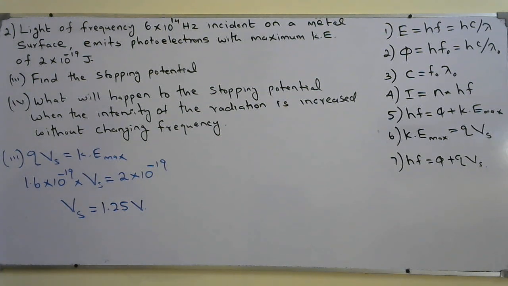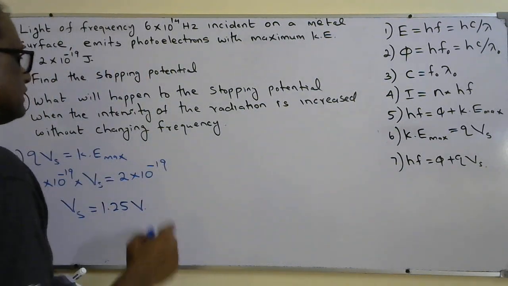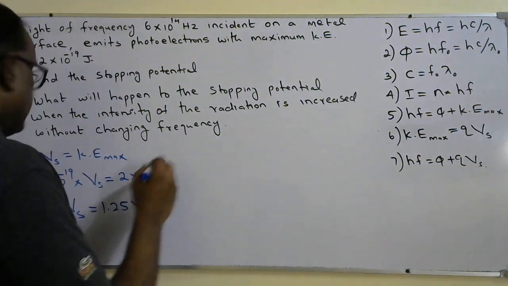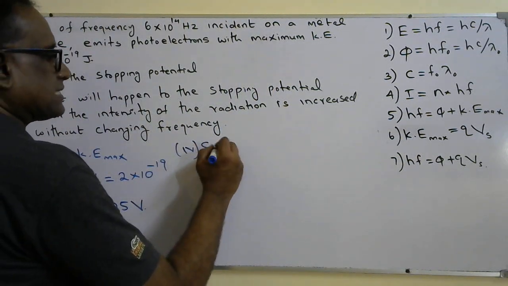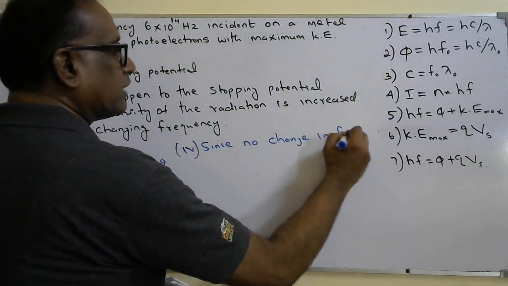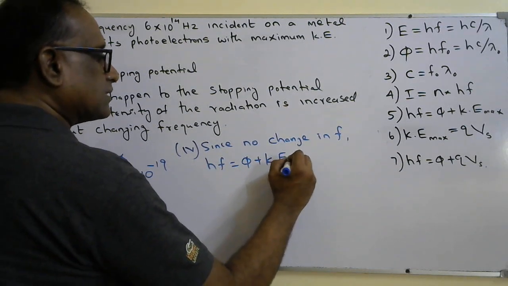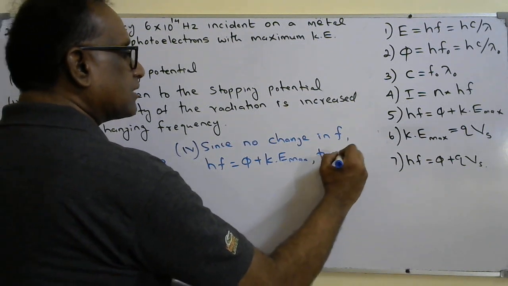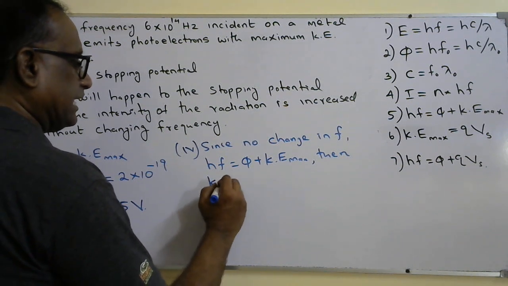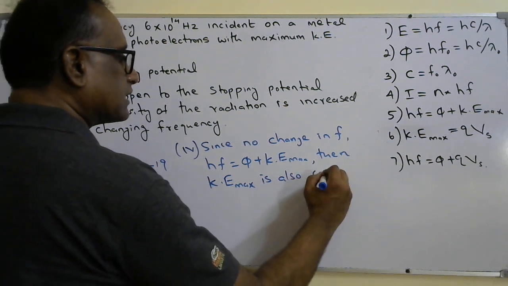Fourth part, what will happen to the stopping potential when the intensity of the radiation is increased without changing frequency? So no change in frequency. Since no change in frequency, hf equals phi plus KE max, then no change in KE max. f is constant, phi is constant, so KE max is also constant.